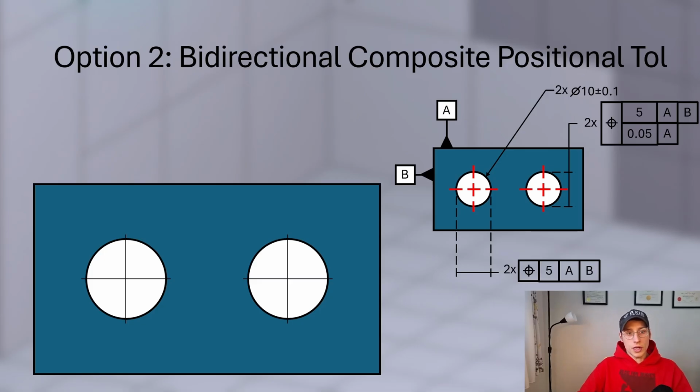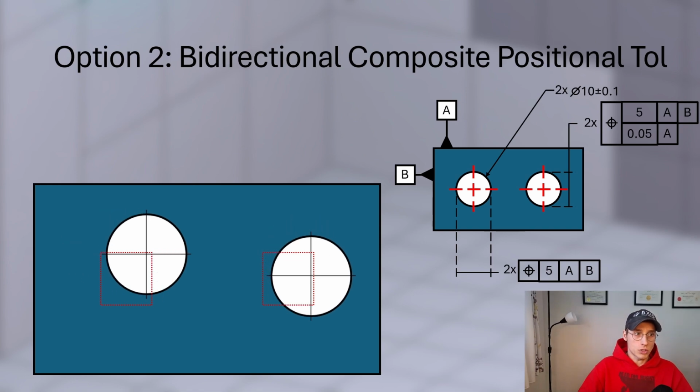So instead of defining in 2D space a circular tolerance zone within which each hole must stay, we're defining basically two sets of planes to constrain those holes to the part. In this case, it's creating a set of square tolerance zones within which, again, the holes can independently move around.